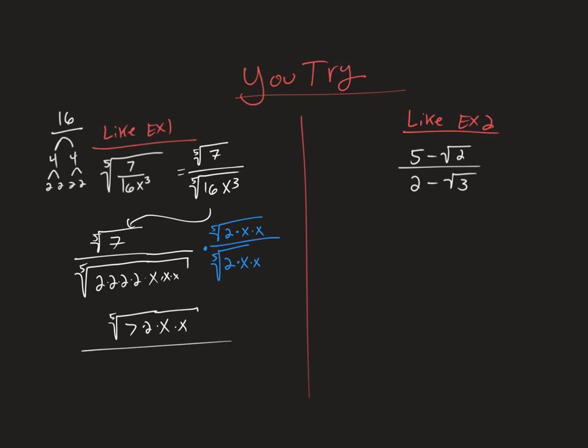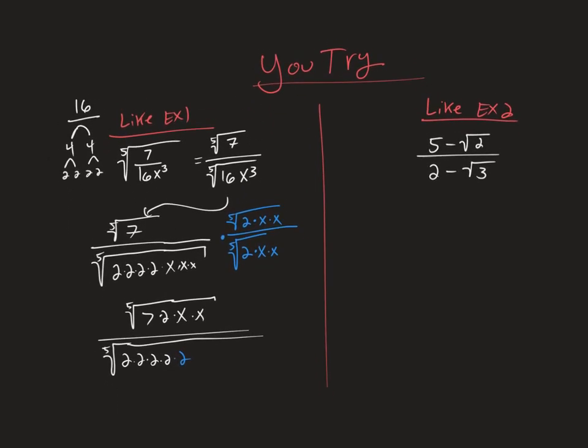And on the denominator, we're going to get the fifth root of 2 times 2 times 2 times 2 times our new blue 2 times x times x times x times our two new x's. And for every 5 of them, because this is a fifth root, it can come out.